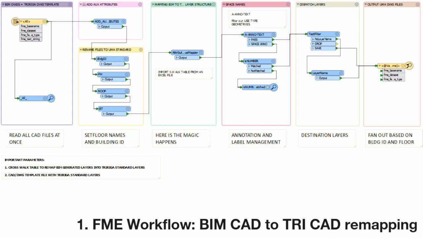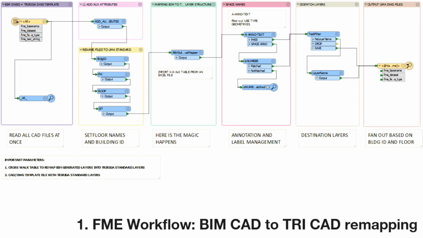So this is the workflow to basically take the BIM drawing and remap it to a CAD drawing. You've got your files that you're pulling data out of, you're adding the auxiliary attributes, then you're renaming things and setting the floor names and the building IDs to make sure that it matches with our TRI CAD database.